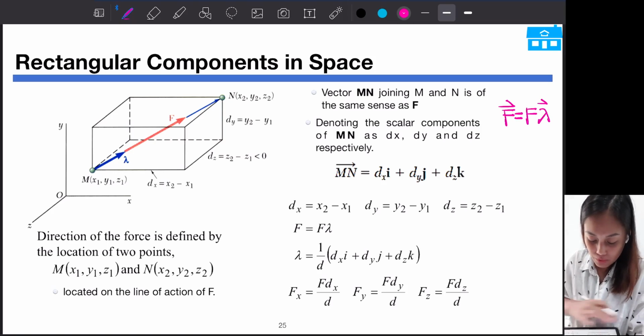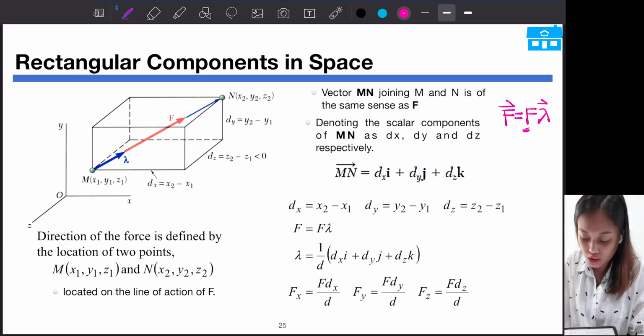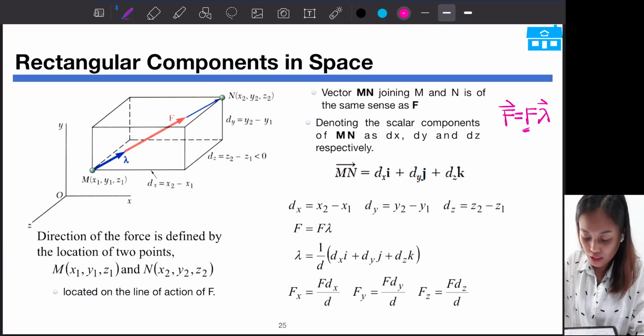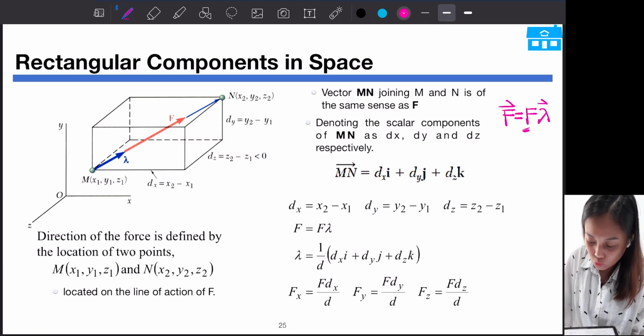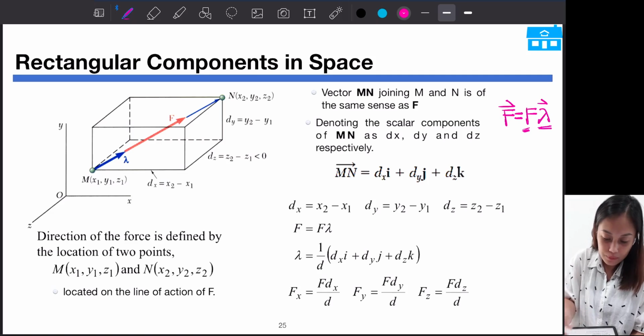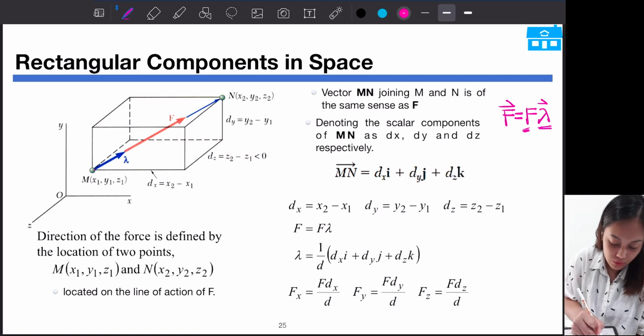Okay. The scalar value is usually given in the problem or we can get it directly. What we need to determine is this unit vector, so that when we multiply it we get the x, y, and z components. So, what is this? Lambda. Lambda is this unit vector.